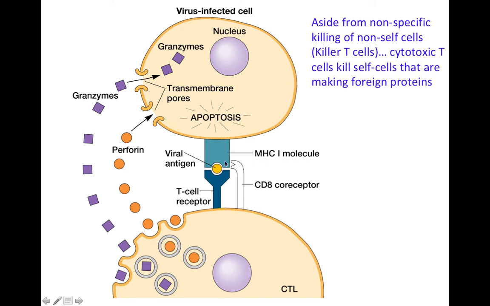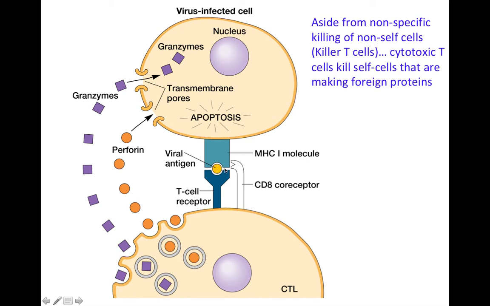I want to remind you that MHC1 presents peptides from the cytoplasm. If there's no microorganism found in the cytoplasm of the cell, it'll be presenting self-peptides and everything should be fine. However, in a virus-infected cell, such as this one, this peptide in the MHC1 could be a viral peptide.